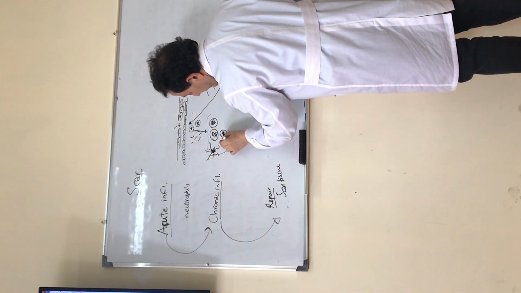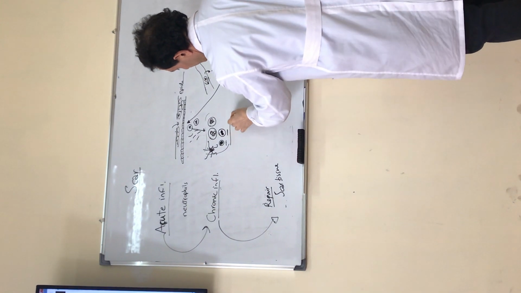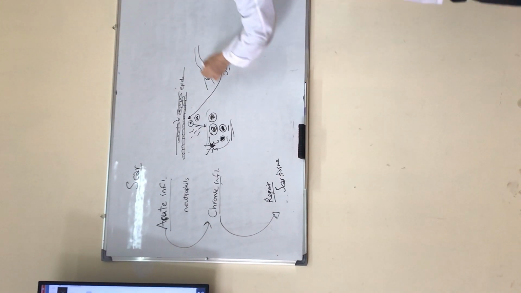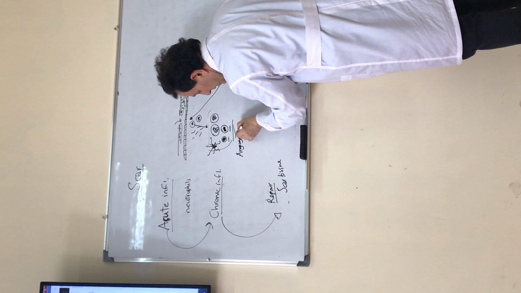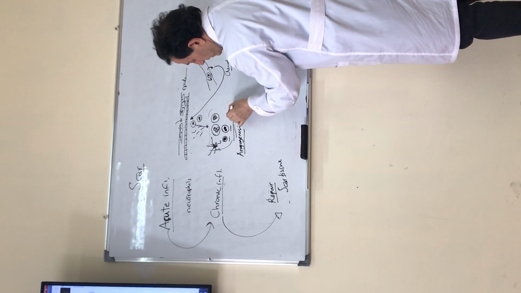Now, something else happens in addition to accumulation of inflammatory cells, and that is angiogenesis. Means making new vessels.